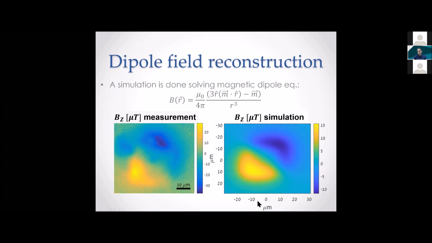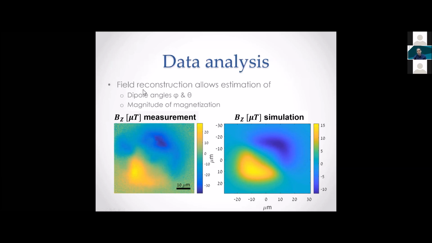And this is the simulated field. I'm presenting here the field along the z direction, which is perpendicular to the sample surface. So we can use such an analysis now to extract the dipole angles, the angles of the effective dipole of the magnetization in the sample, as well as the magnitude of the magnetization.